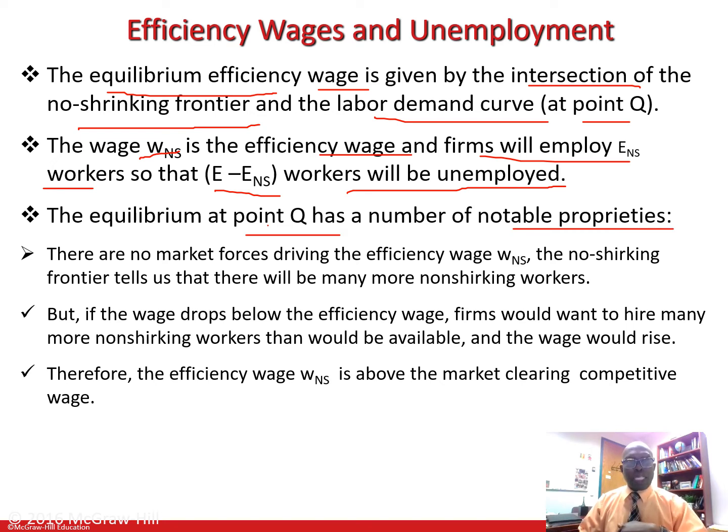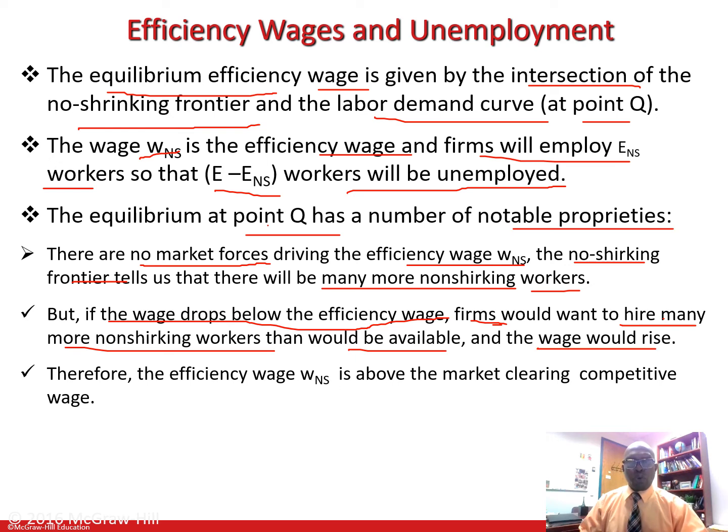The first one is that there are no market forces driving down the efficiency wage W NS. The non-shirking frontier tells us that there will be many more non-shirking workers, but if the wage drops below the efficiency wage, firms will want to hire many more non-shirking workers than will be available, and the wage will rise.